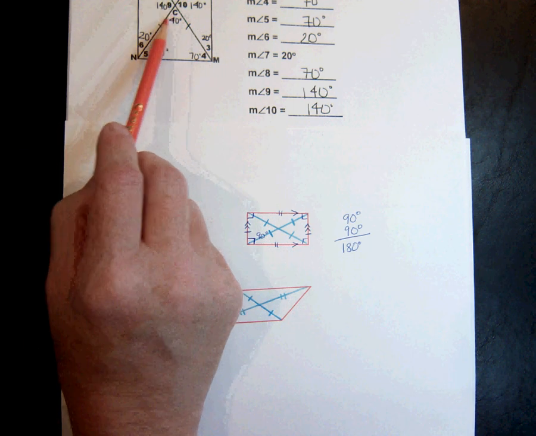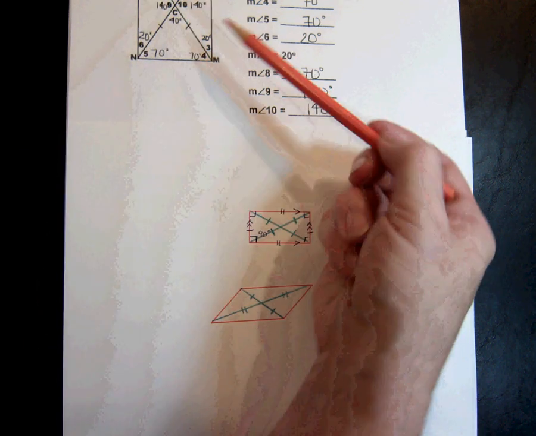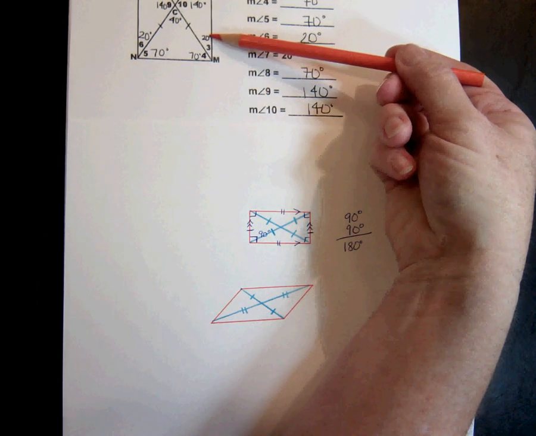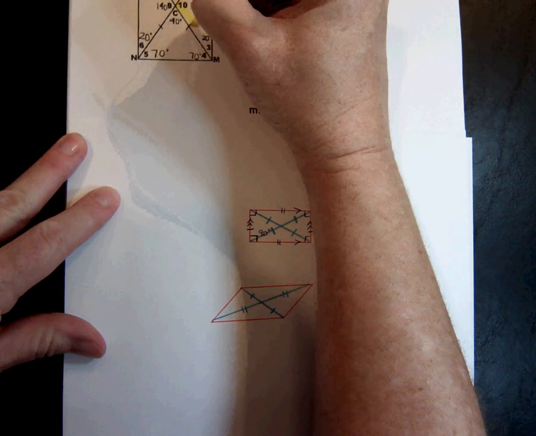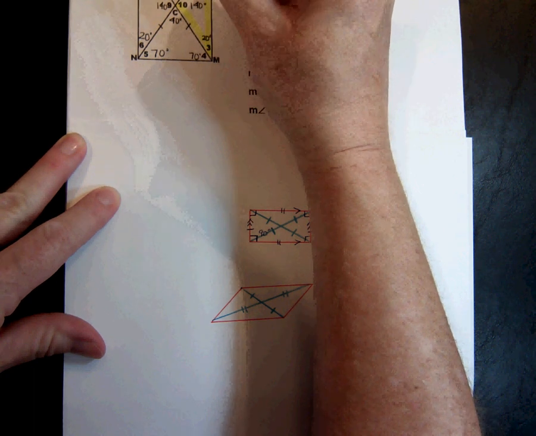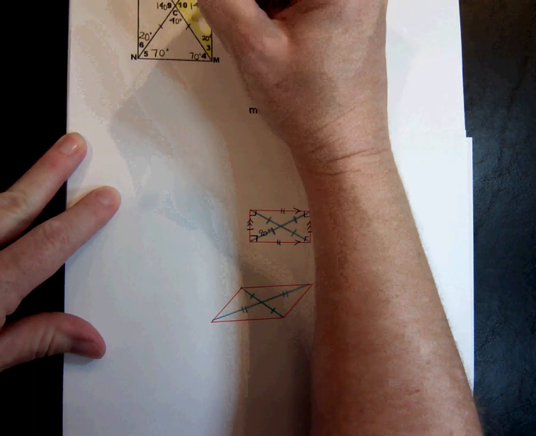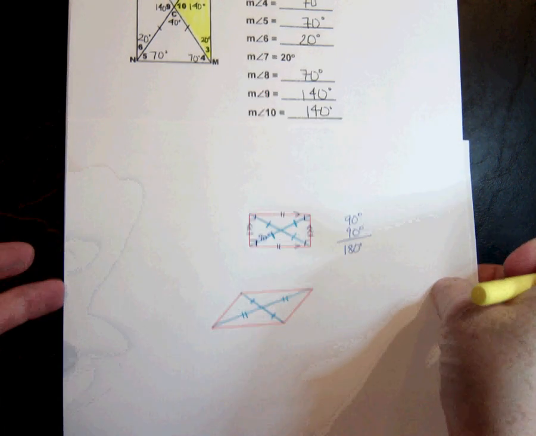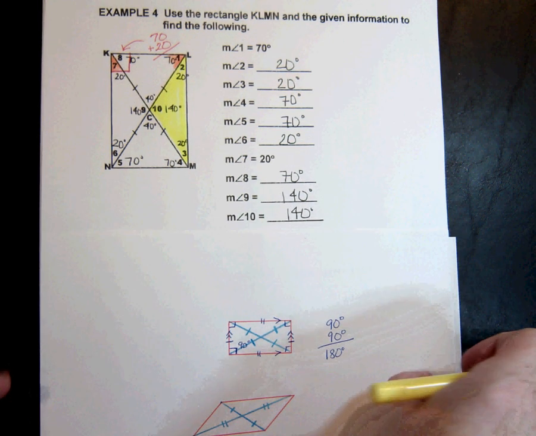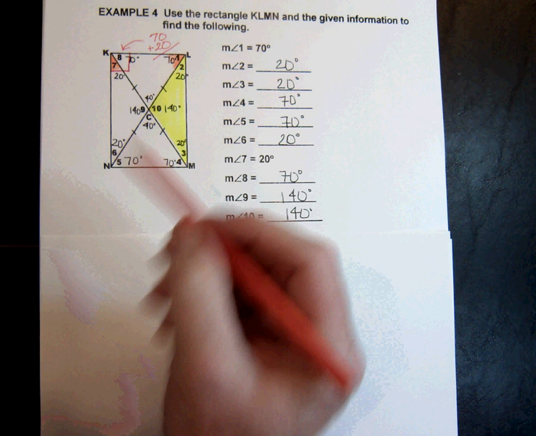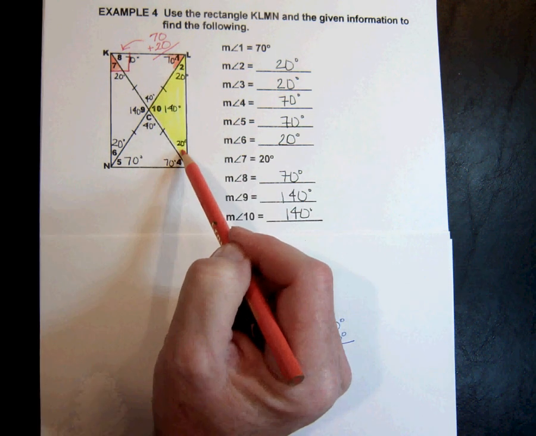How they got these were, you can look at any triangle individually. So we can look at this one right here. I'll highlight it. If you looked at just this triangle and the base angles are both 20, which we were already given, then the base angles being 20 and 20 is 40.